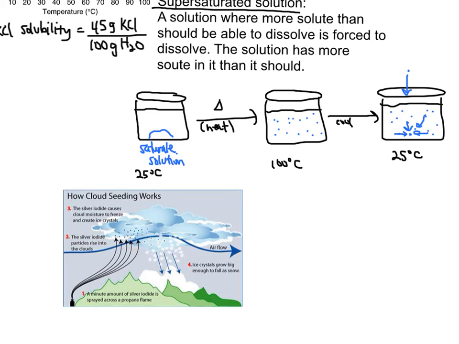And the silver iodide acts like this crystal did when I dropped it into the solution, and then all the little dissolved solute sort of gloms onto it and crystallizes out. Well, the same is true with the silver iodide. You spray those little silver iodide into the cloud, and water molecules will start to glom onto it, and then they get really heavy, and then they fall or precipitate out as rain or snow. It's called cloud seeding.